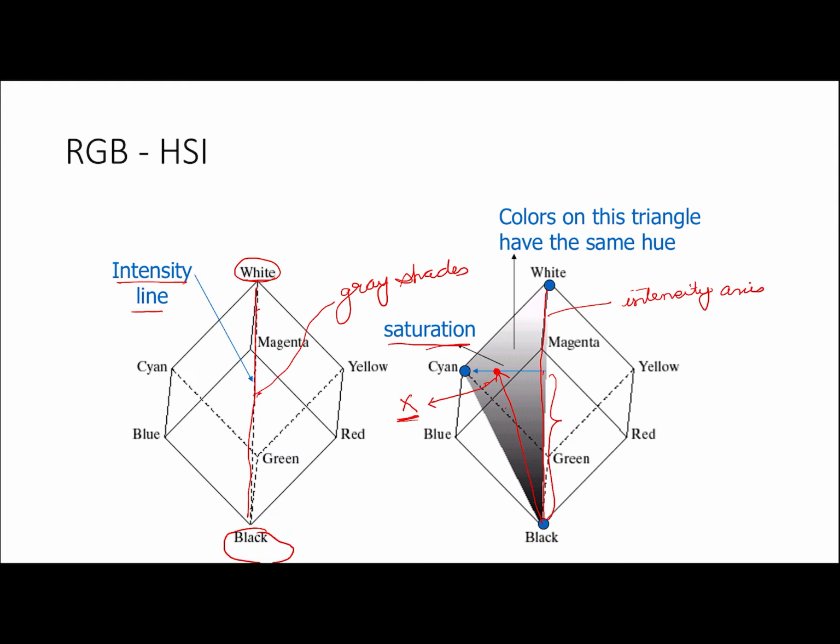As we have seen, the line joining black and white is the intensity axis, and any point on the intensity axis has only gray shades. It does not have any color component. So you can say that the saturation associated with all the RGB points lying on this intensity axis is equal to 0.